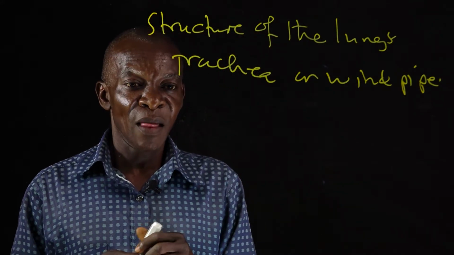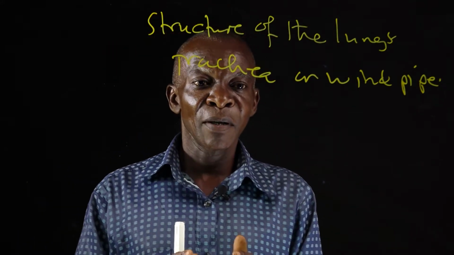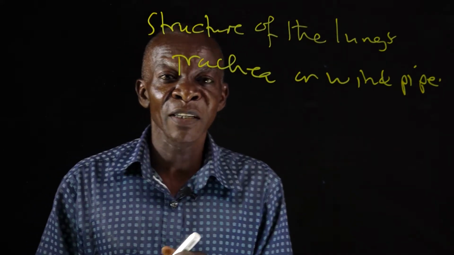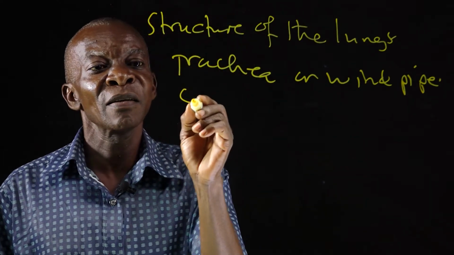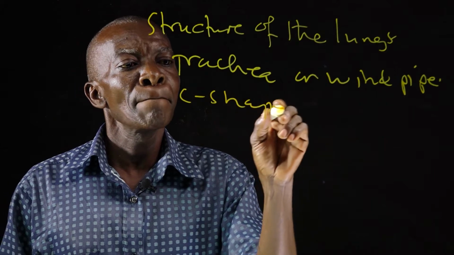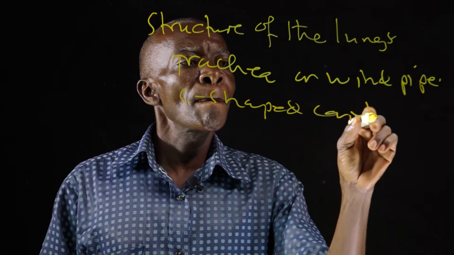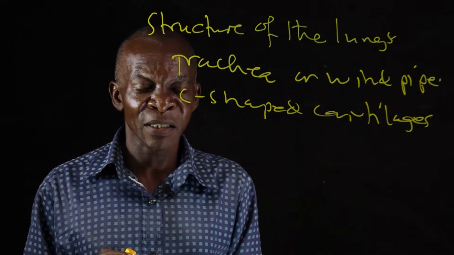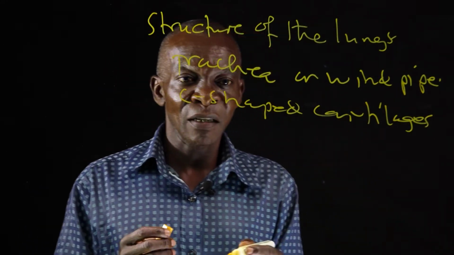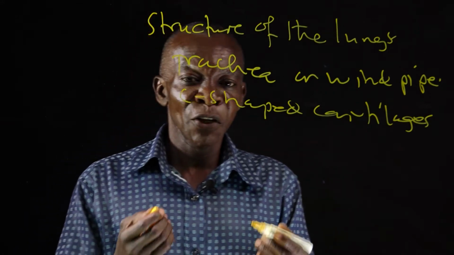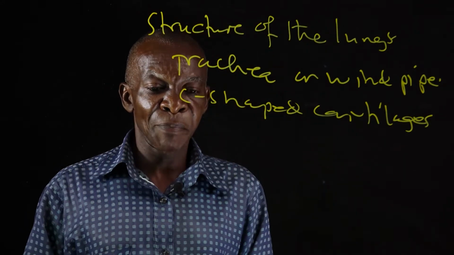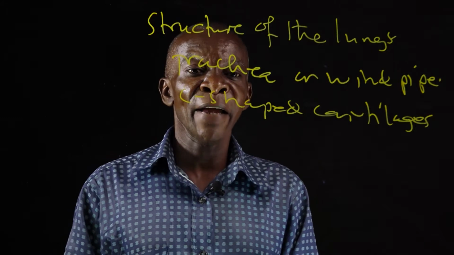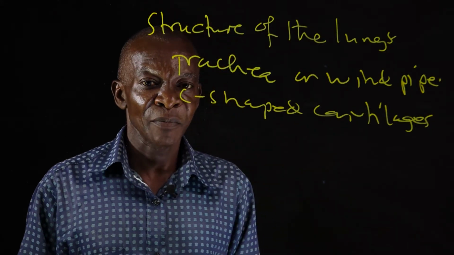It is a tube or a pipe that is made up of C-shaped cartilages, which prevent it from collapsing during inspiration when air is drawn in.